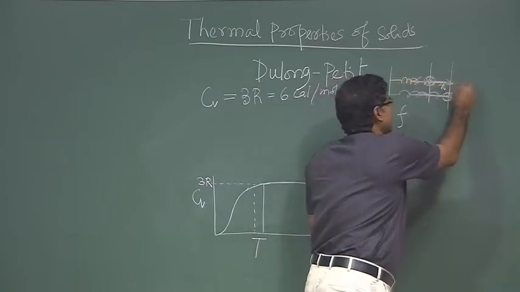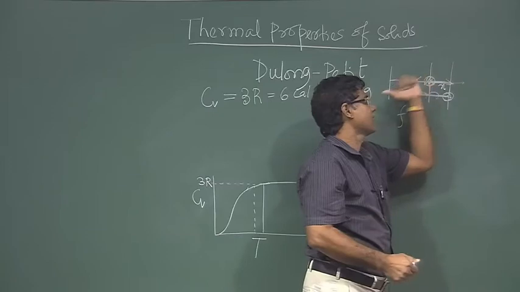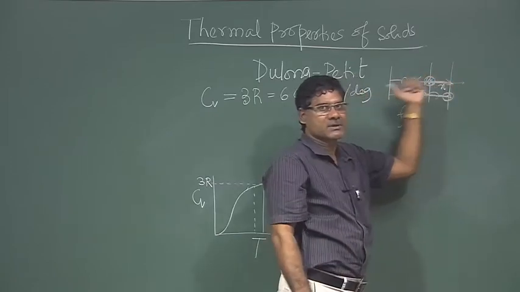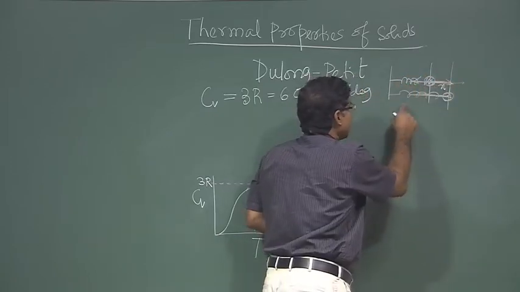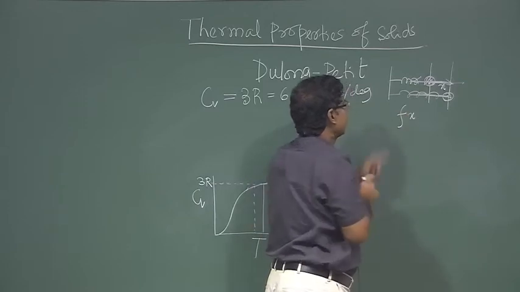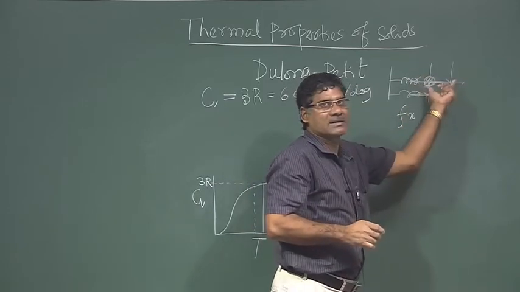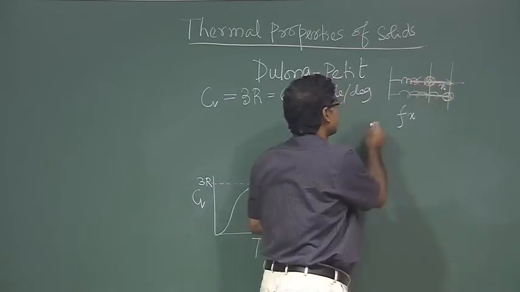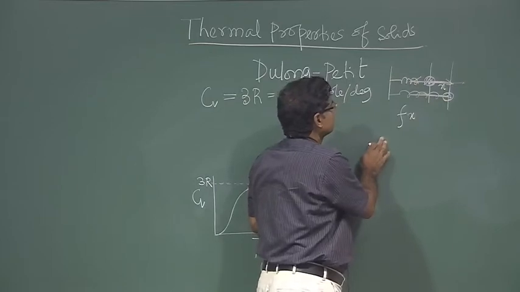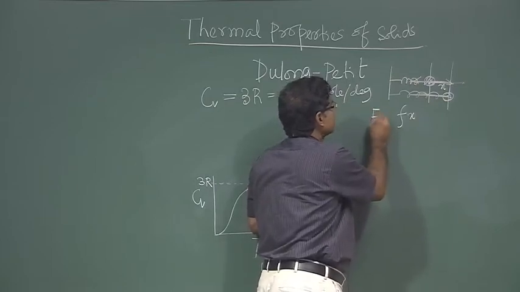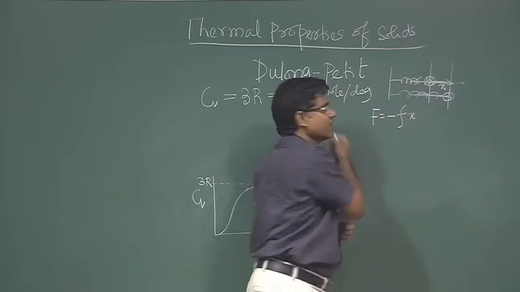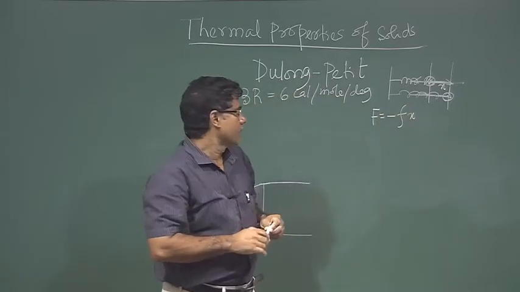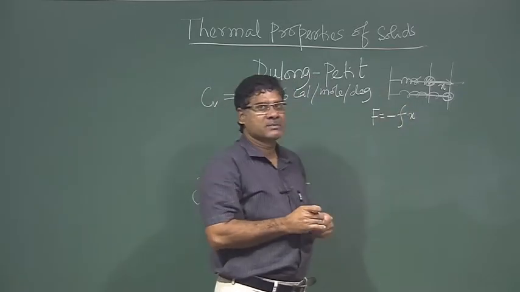If x is in the positive direction, how much restoring force? Per unit it is F, so for x extension, F x will be the force. That is the restoring force, and it is towards the negative direction.